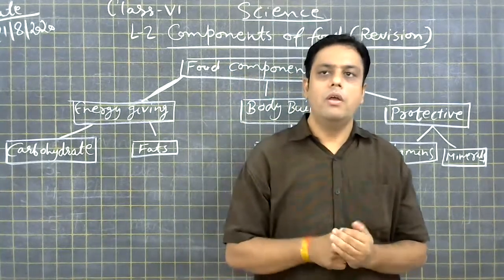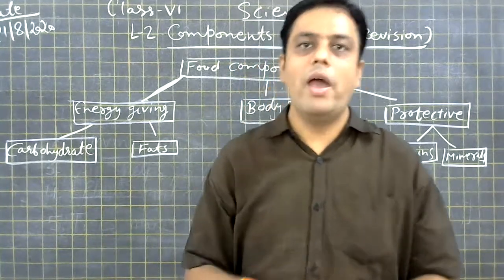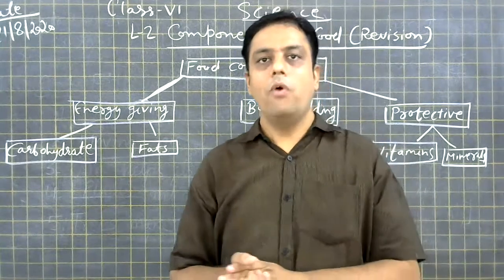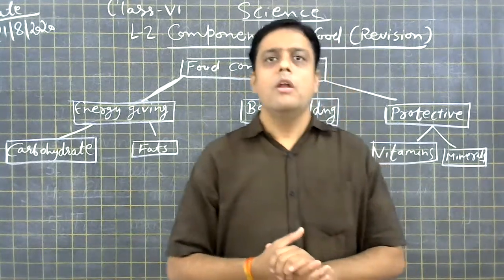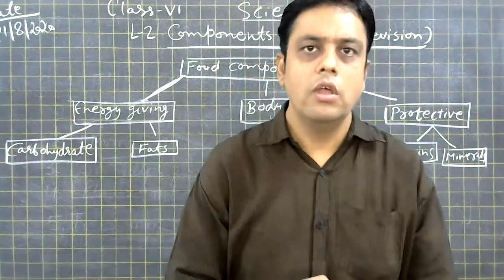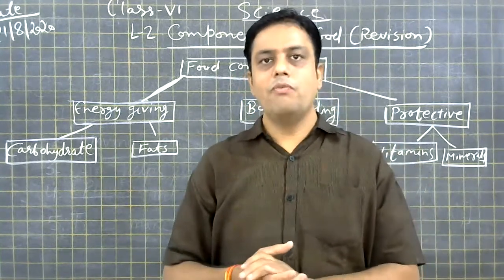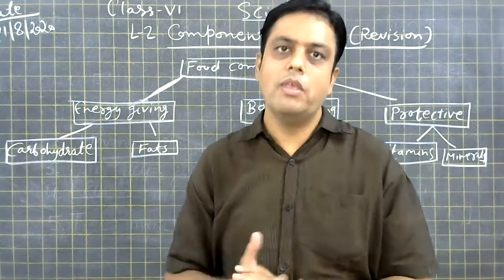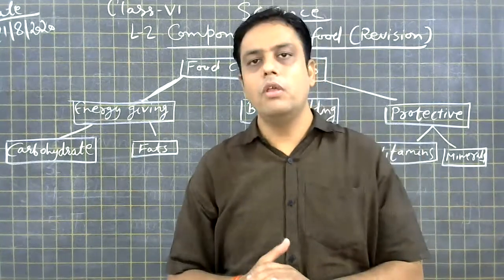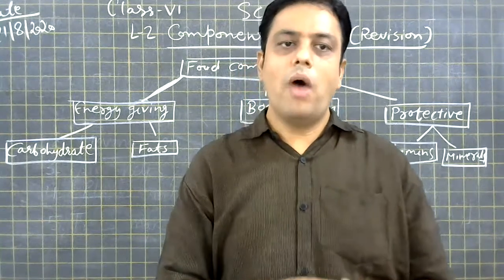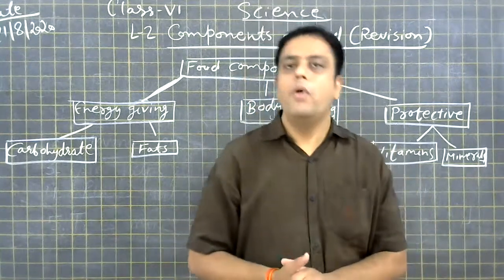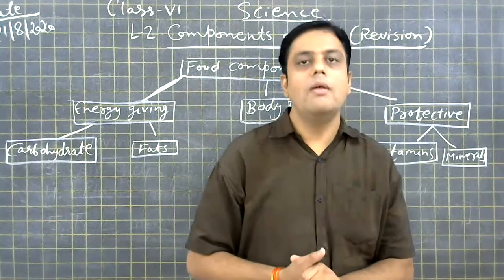So see, in the first lesson we discussed why food is necessary for us, and we also discussed different types of foods. Food is necessary for different purposes, and there are different types of foods. Now, what are the components of a particular food?